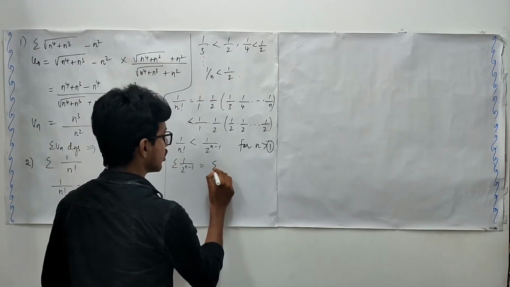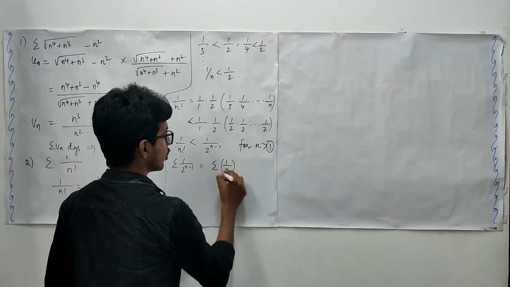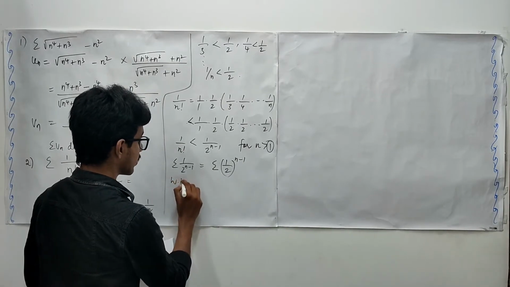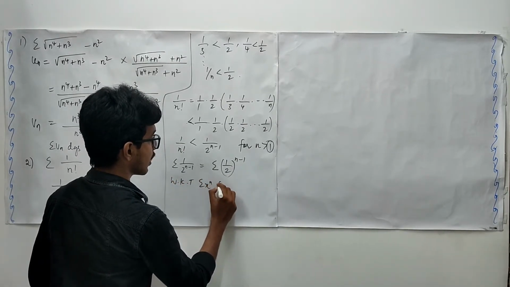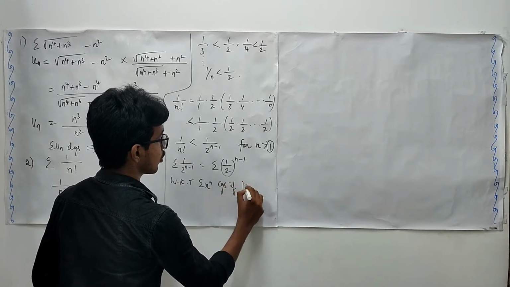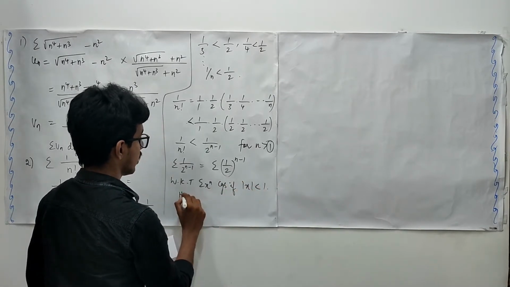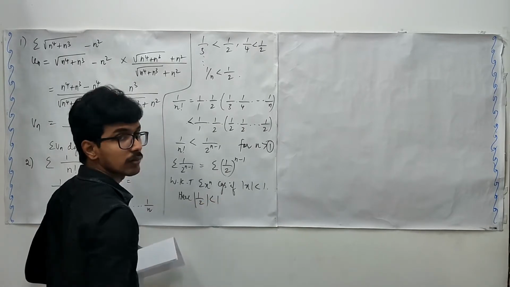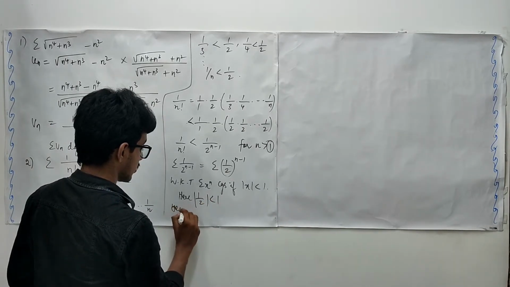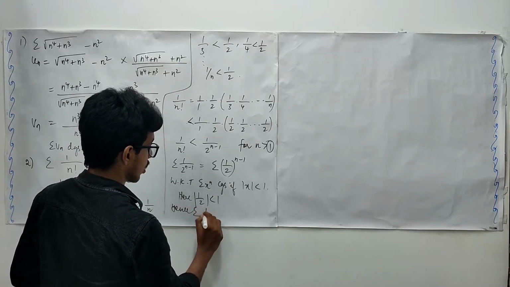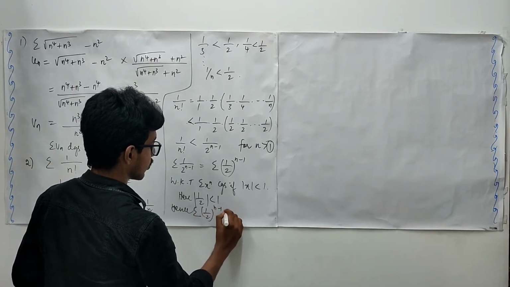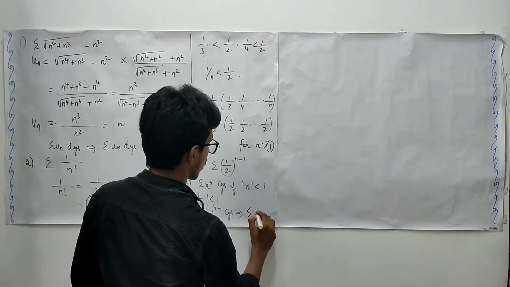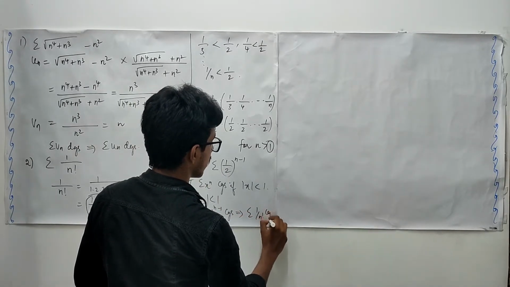This may also be written as 1 upon 2 whole power n minus 1. We know that summation x power n converges if the absolute value of x is less than 1. Here 1 upon 2 is less than 1. Hence summation 1 upon 2 to the power n minus 1 converges. This implies the given series, summation 1 upon n factorial, converges.